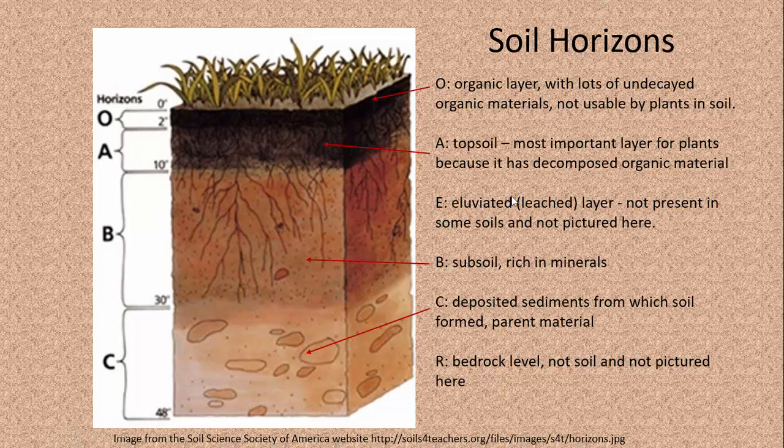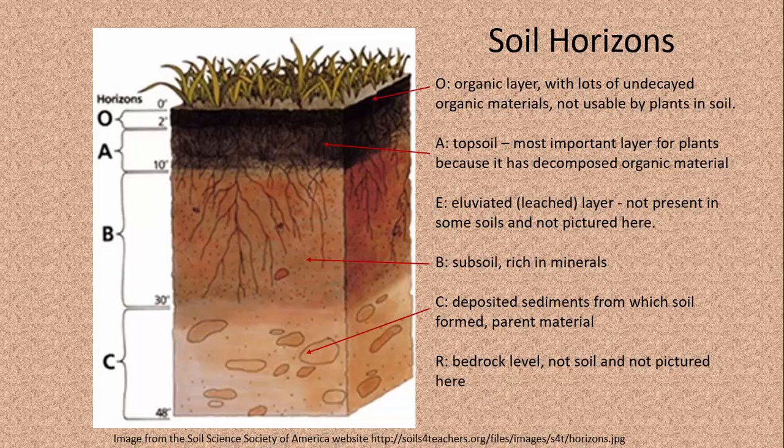Not all soils have an E layer, and if there is an E layer, it would fall between the A and B horizon. This is called the E because it's the alluviated layer, or in other words, the leached layer. Below the E horizon is the B horizon. This is called the subsoil. It's rich in minerals that have been leached from A through E into B. And then C refers to deposited sediments that are rich in the parent material.